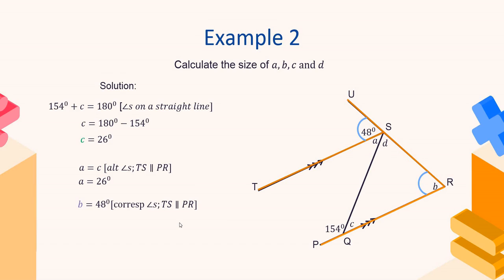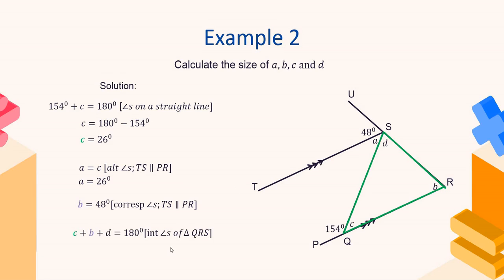Now there are many ways to solve for D. One way is, if we look at S, Q, and R, what shape does it make? A triangle, right? So what do you know about the interior angles of a triangle? The sum of the interior angles of a triangle is equal to 180 degrees.